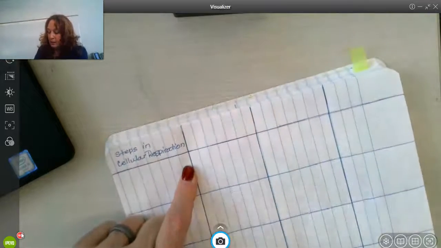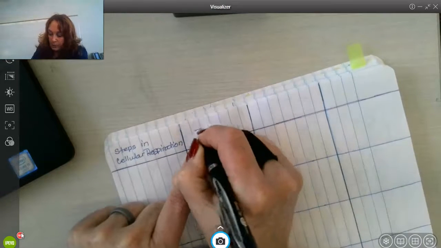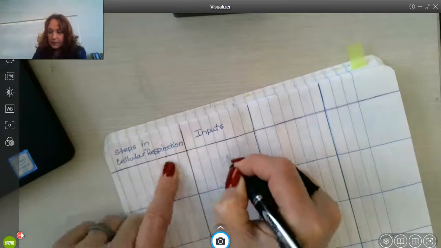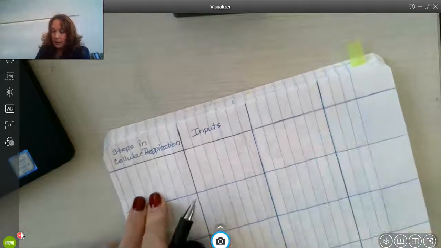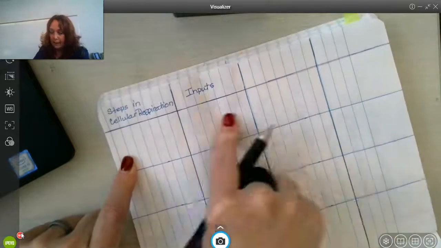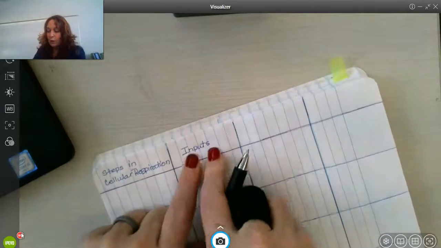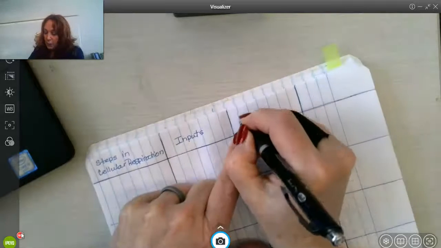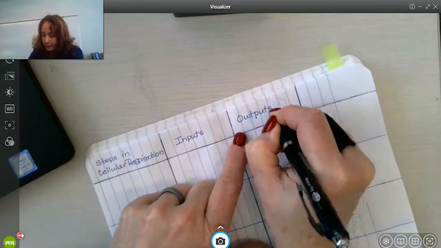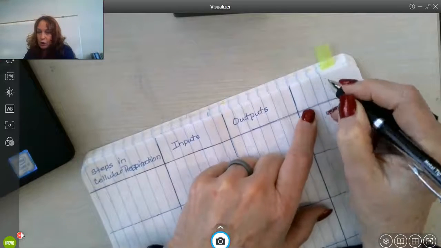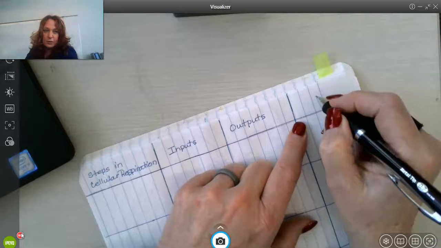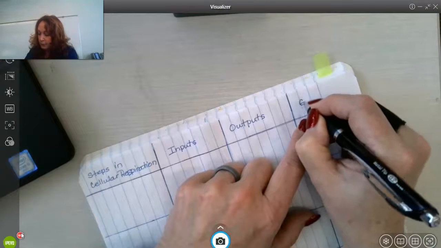And then over here, I'm going to put what are the inputs into this system, because this would be a system in and of itself, and it would also be part of an entire bigger system. So what do you have to start? When you're done, what are you going to end up with? And then this is just going to be things that you need to know that are extra. So this is just good to know.